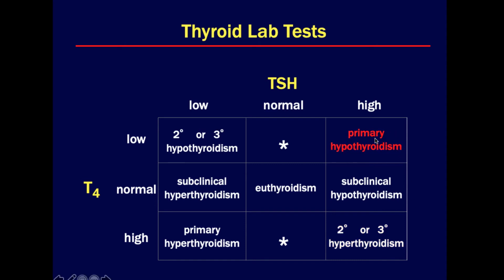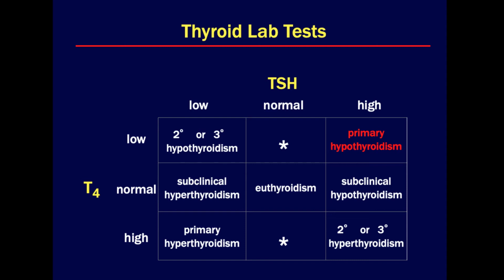If TSH is high but T4 levels are low, you have what's called primary hypothyroidism, which means that something's wrong with the thyroid gland itself. And the reason the TSH levels are high is because the brain and the pituitary are going, whoa, hang on a second. T3 and T4 are too low in the body.